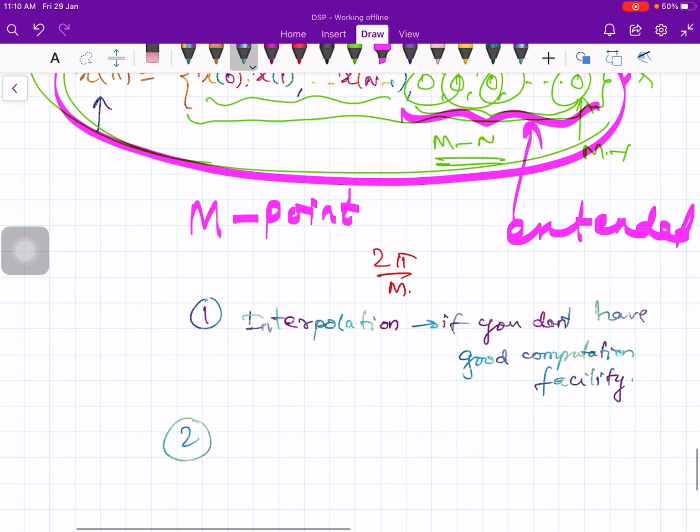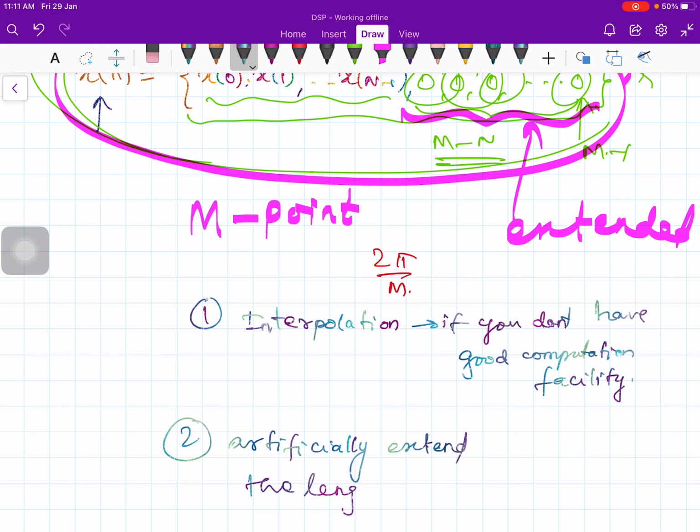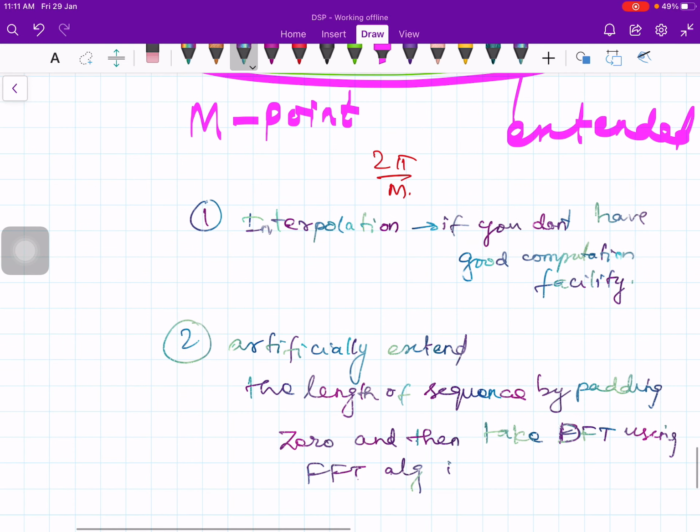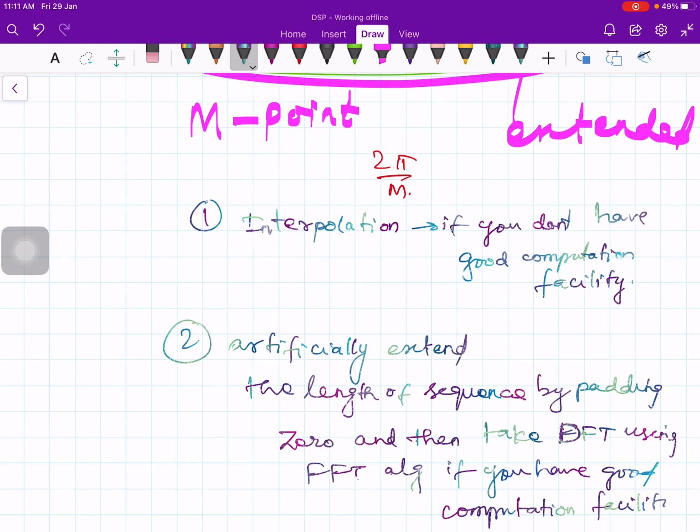Or you can artificially extend the length of the sequence by padding zeros, and then take the DFT using the FFT algorithm, if you have a good computation facility. Either way you can do it.